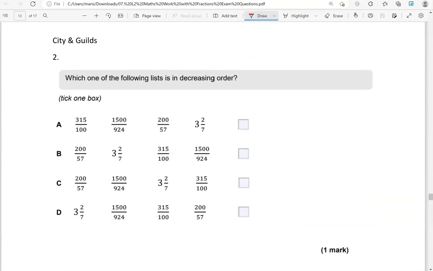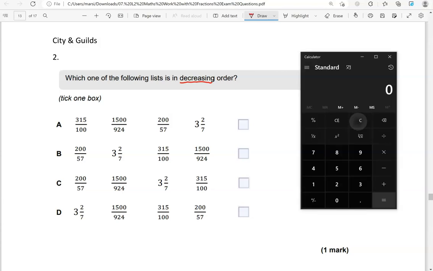Which one of the following lists is in decreasing order? Decreasing means going down in value. So we've got 315 hundredths. So 315 divided by 100, which is 3.15.